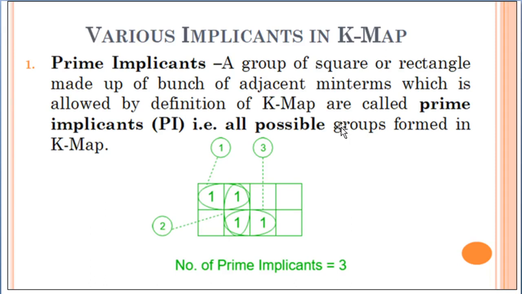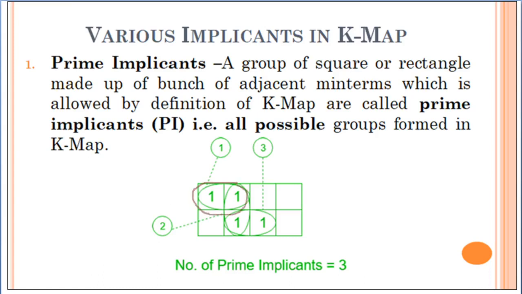A single one represents a prime implicant if there is no other one neighboring it. Two neighboring ones represent a prime implicant if they cannot be contained in a group of four ones. That means in that particular example we have three prime implicants.